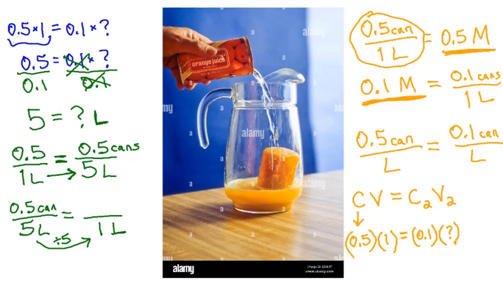Then if you take this 0.5 of a can and divide it by 5, you're going to end up with 0.1 cans in 1 liter of water if you dilute that down. So now you have your 0.1 molarity for your niece that came over that likes more diluted orange juice than you do.